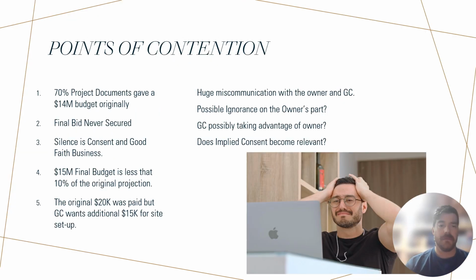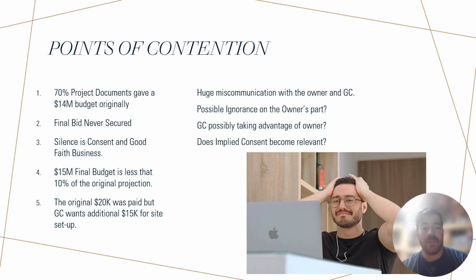Defining issues. So points of contention within this. We have a 70% project with a $14 million budget. All right, final bid is never secured. Silence, consent, and good faith business kind of come into play here.